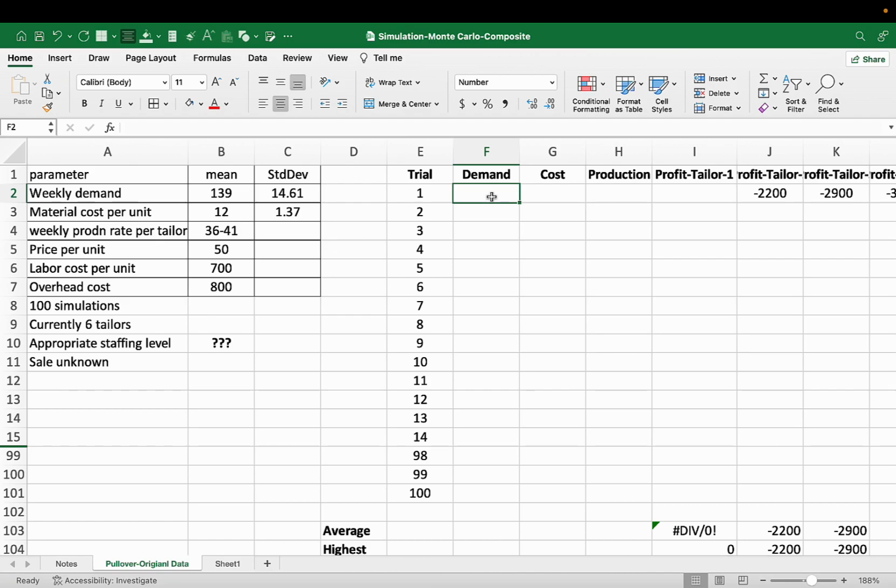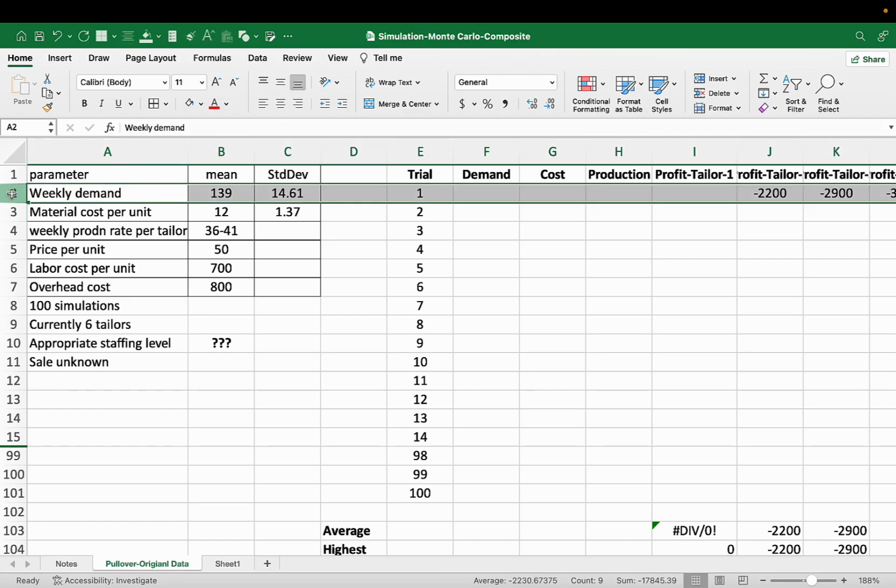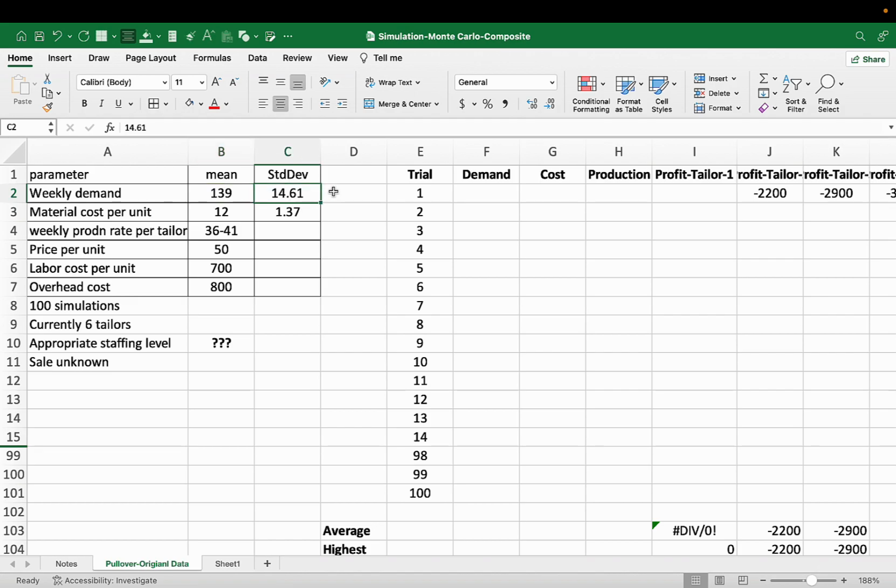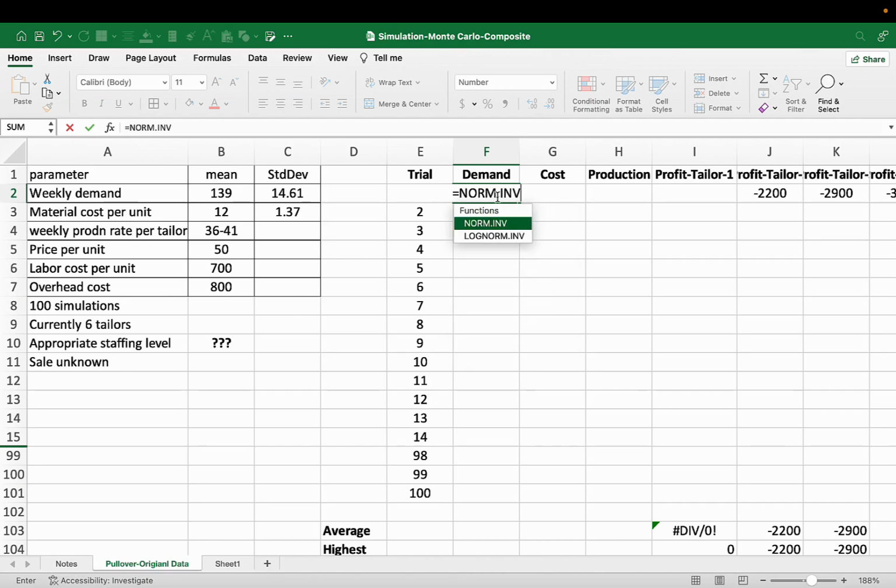Okay, the next thing is demand. As we mentioned earlier, demand is normally distributed, and we have been given the mean and standard deviation. The formula in this case is NORM.INV, and the first thing is probability.